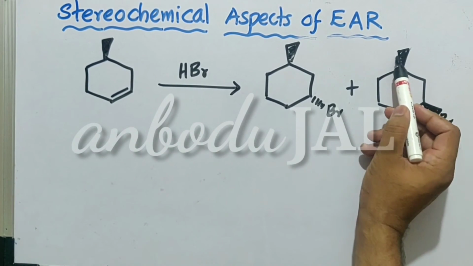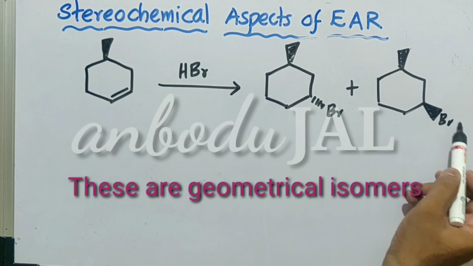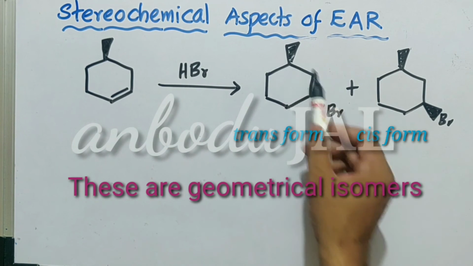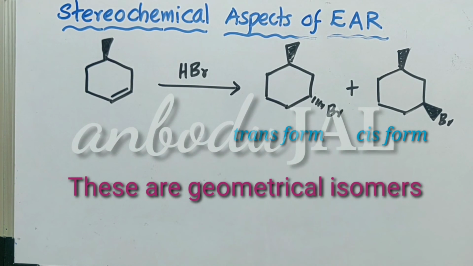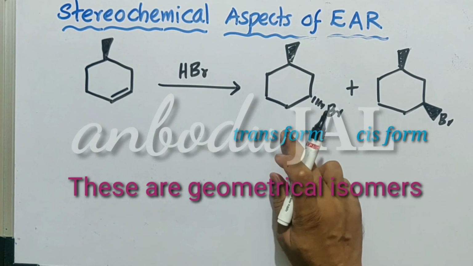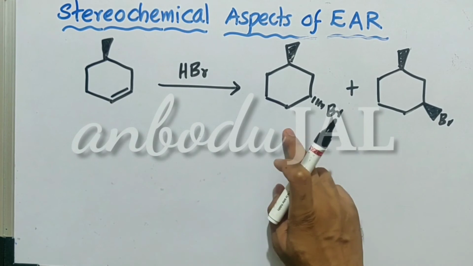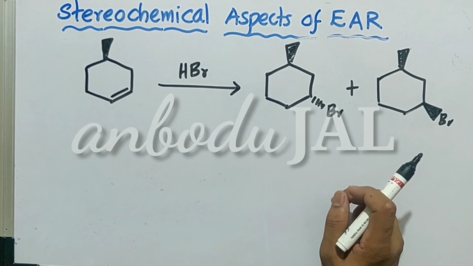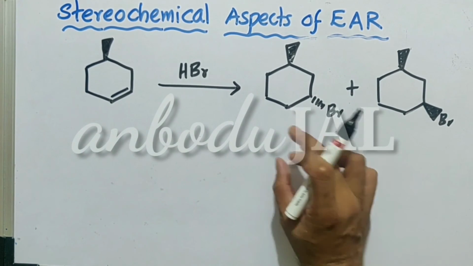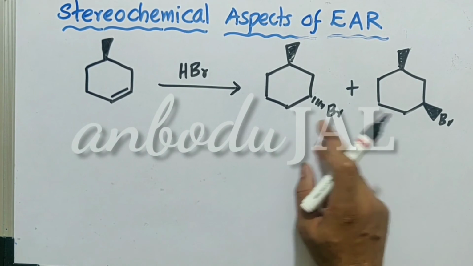Here CH3 and Br are on the same side, here CH3 and Br are on opposite sides, and also these are not mirror images. Okay, these are stereoisomers, that is, there is a difference in the three-dimensional arrangement of these two structures.